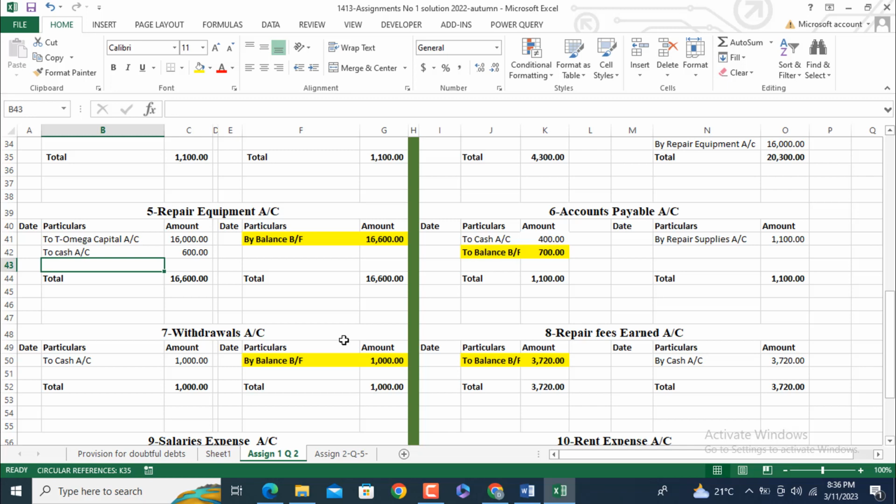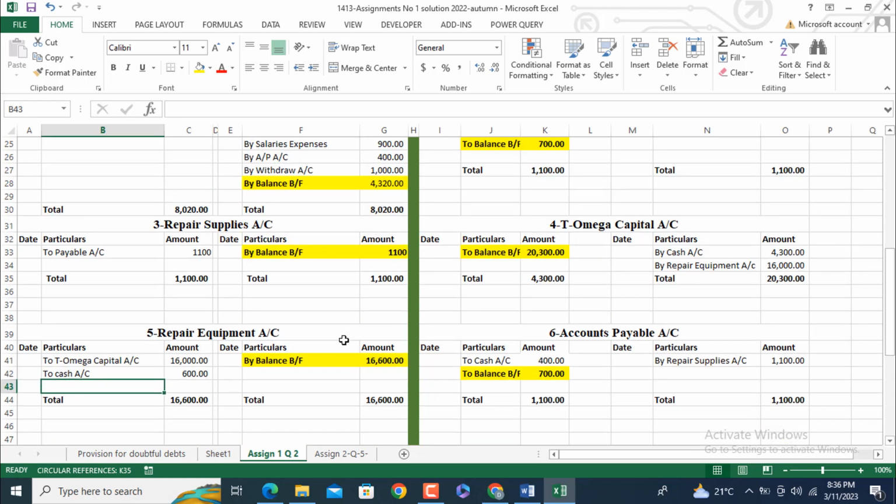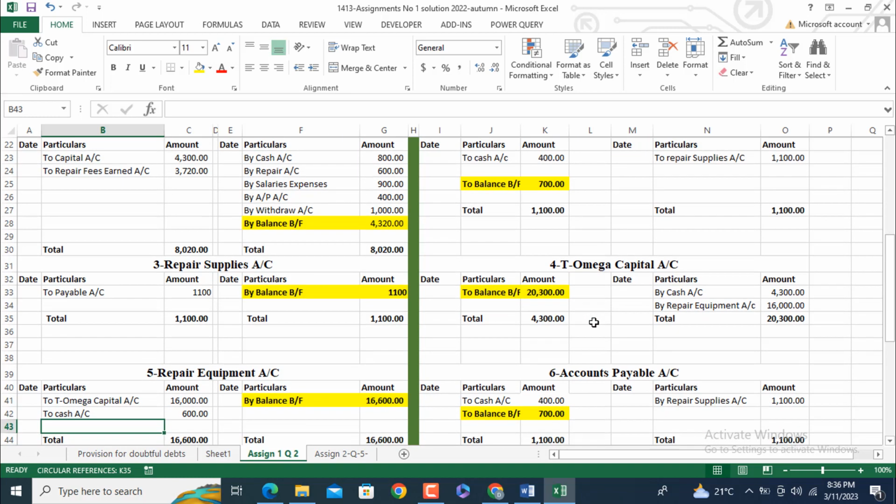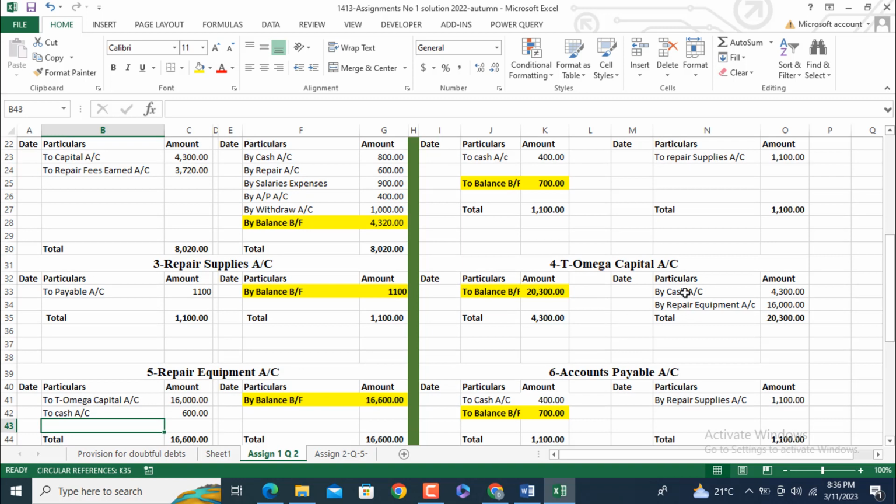And now we will move to the Ornega capital account. The capital account is credited by the cash account and the repair equipment account. The total is 20,300, and this is a credit balance of 20,300.